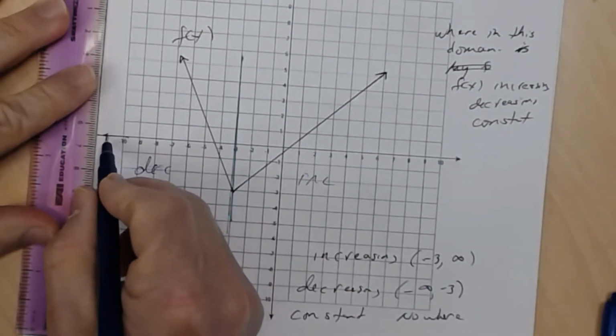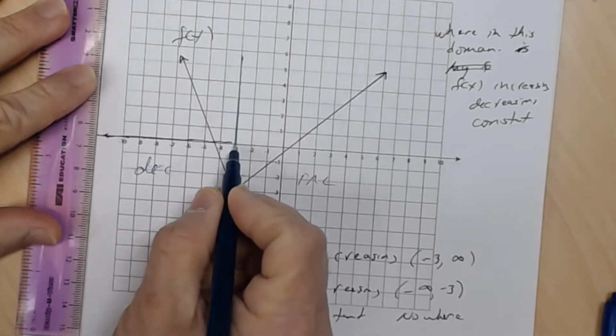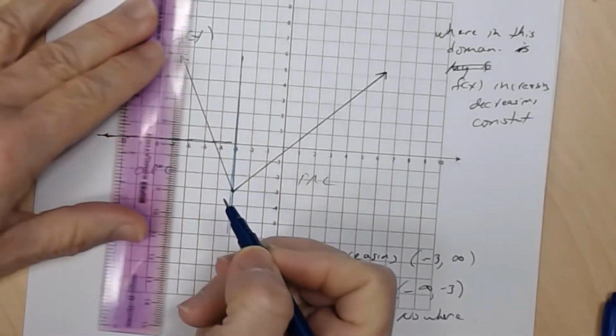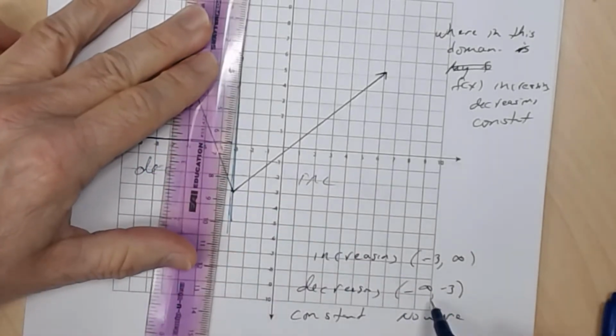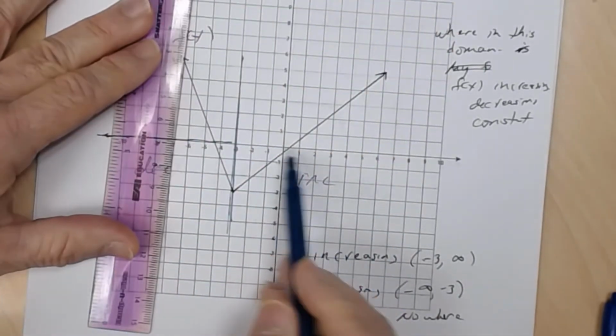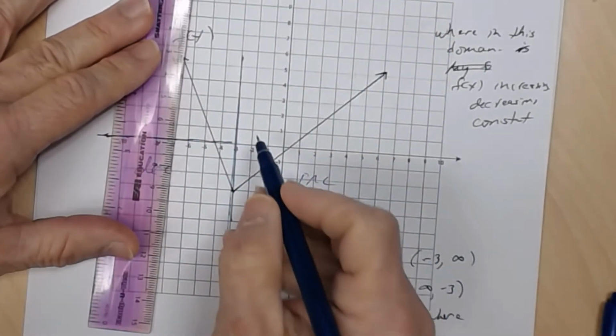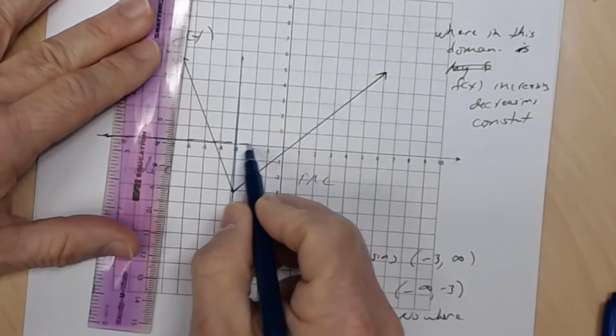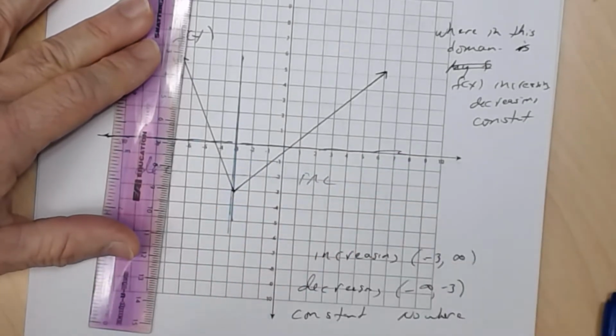So from negative infinity to negative 3, your y values are doing what? Decreasing. That's what we got here. And then from negative 3 to infinity, what happened? Your y values increase. So you may want to trace out the domain as you go across.